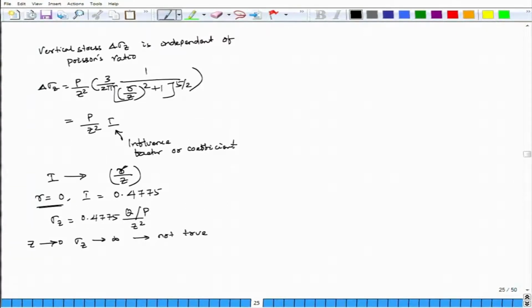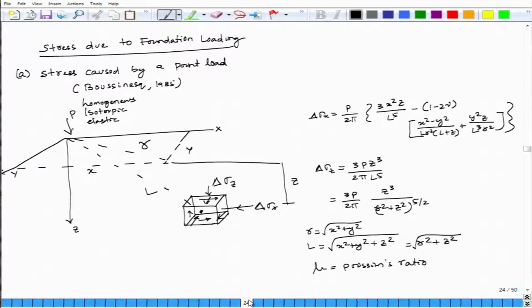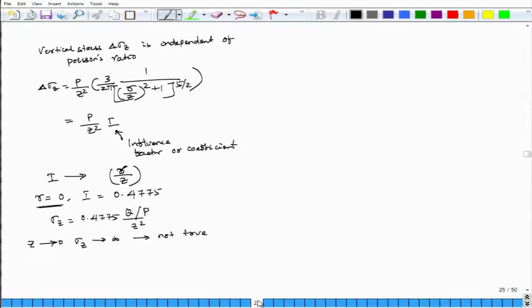There will be some finite value at z is equal to 0. So, this is part of your point load; giving this value of your distance r, you can find what is your delta sigma z or sigma z because of your point load.